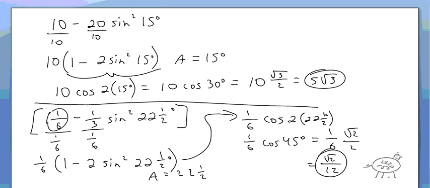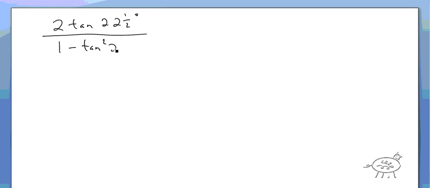Okay, so one more here using tangent. And again, this one's pretty obvious. 2 tangent of 22.5 degrees over 1 minus tangent squared of 22.5 degrees. You recognize this is 2 tangent of A over 1 minus tangent squared of A, where A is 22.5 degrees.